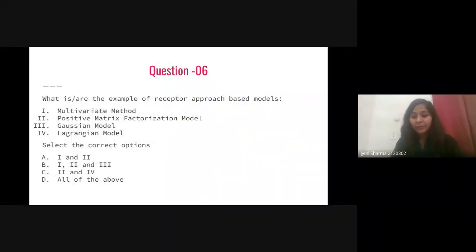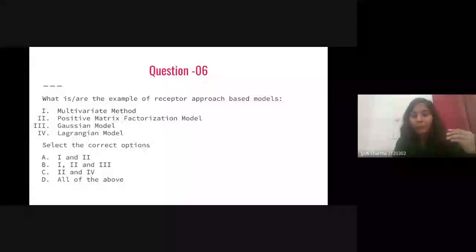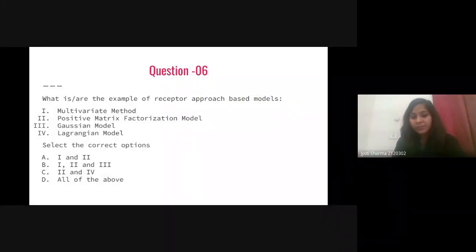There are some examples, as I told you, like for the bottom-up approach for dispersion modeling, we have different types of models in the scientific community. Likewise, we have a number of receptor models.